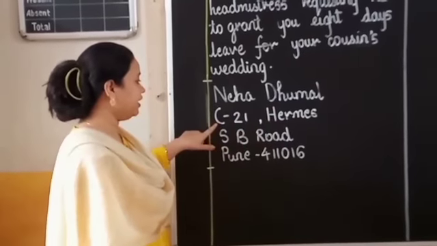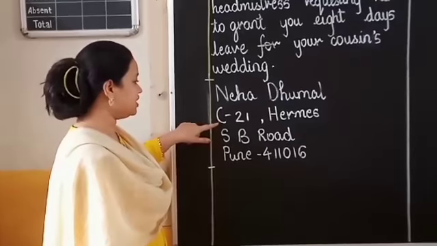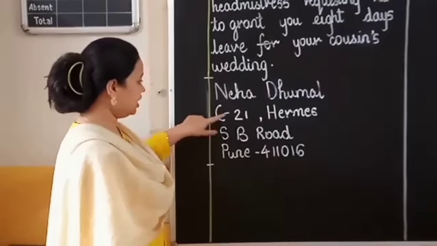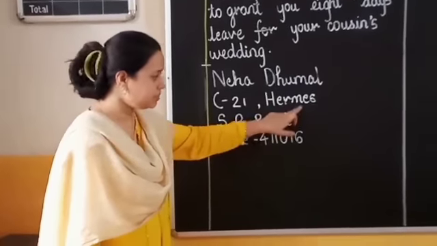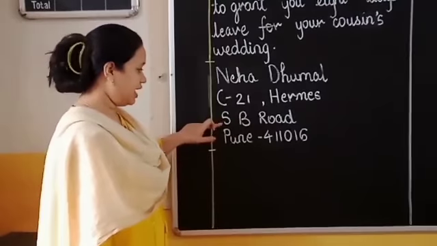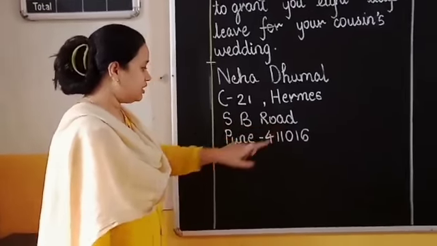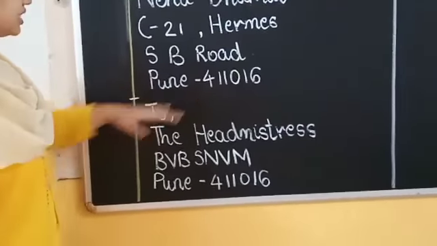Next line we write the flat number or the house number where she is staying, that is C21. The name of the building is Holmes. Then comes the road where the building is located, SB Road. Now we have finished writing the sender's address.